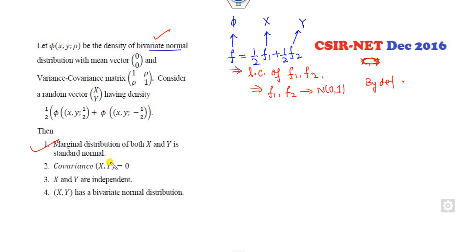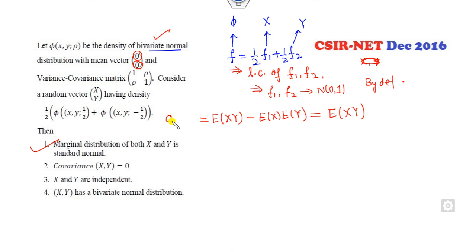Covariance: I can apply the expected value of xy minus the product of the means. Since the expected values of x and y are 0, this value is 0, so I need only E of xy.